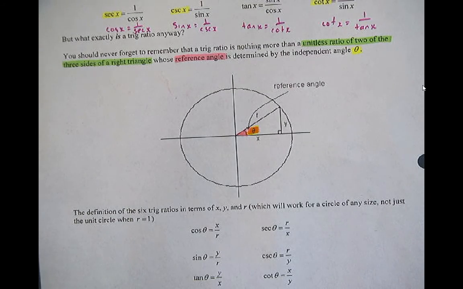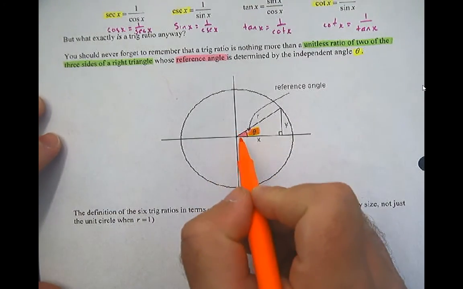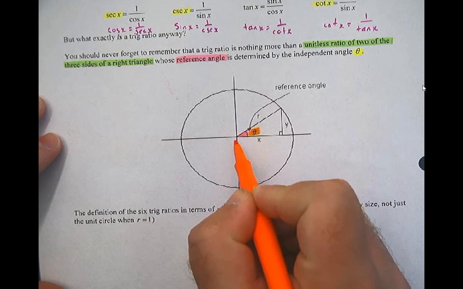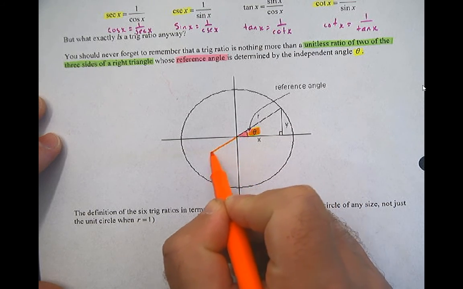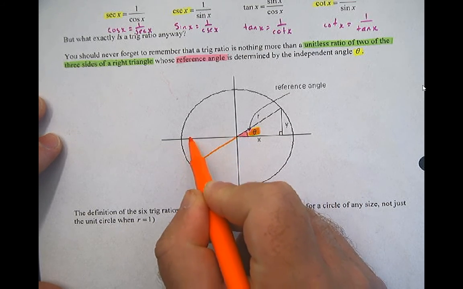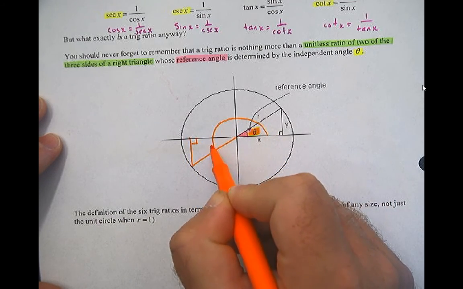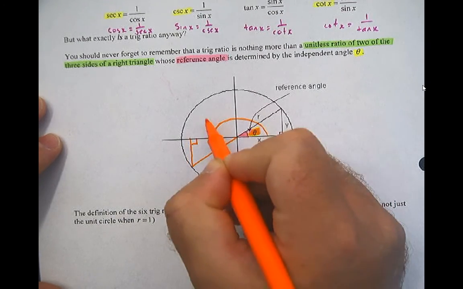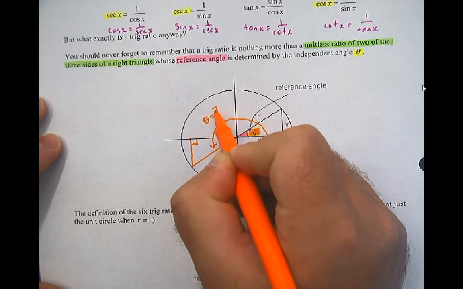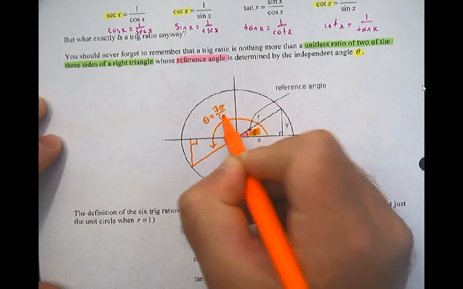So let's draw that actually. Let's do a different one. Let's do 7 pi over 6. Theta is equal to 7 pi over 6.